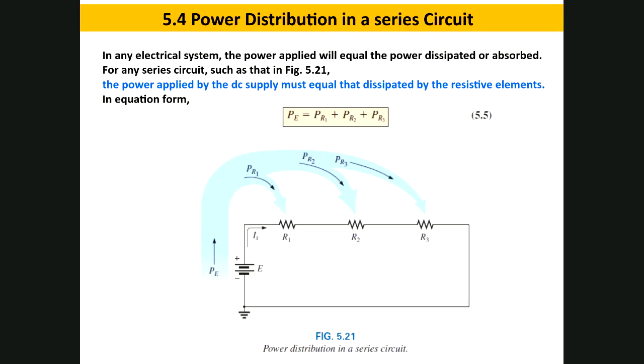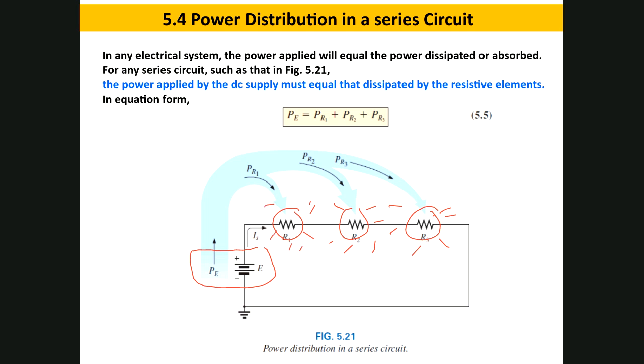Power distribution in a series circuit. Power distribution means there is power delivered, which is from the source, and power consumed, which is by the load. Suppose I have here three bulbs, this bulb here, this bulb here, and this bulb here.